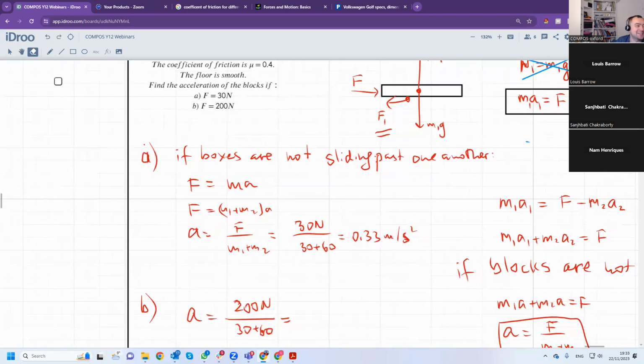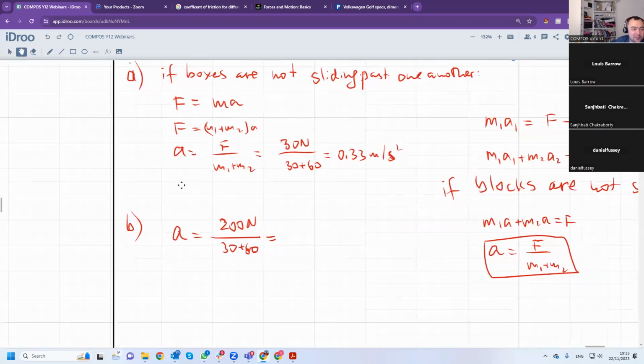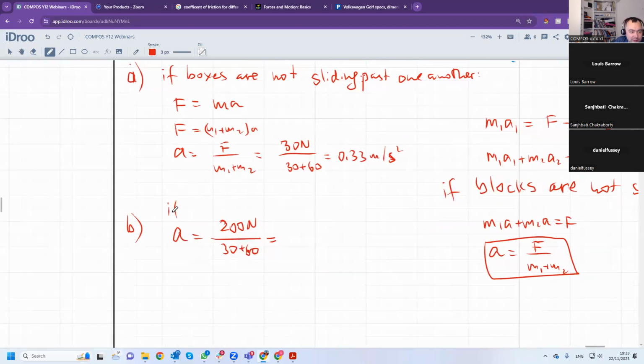Once again, acceleration of the box, if the boxes are not sliding, then 200 divided by 90, which is 2.2 meters per second squared.